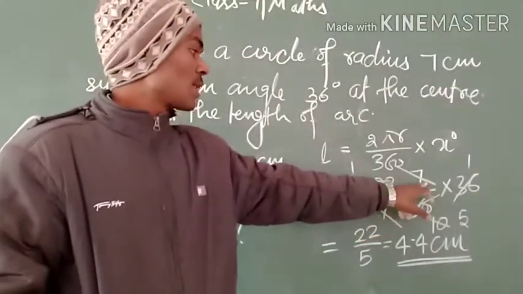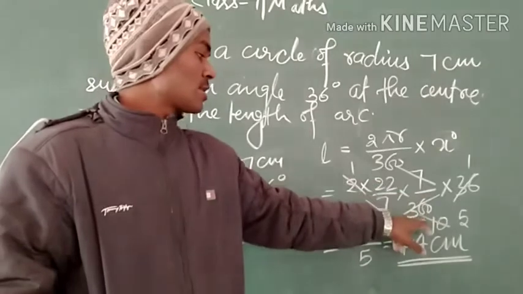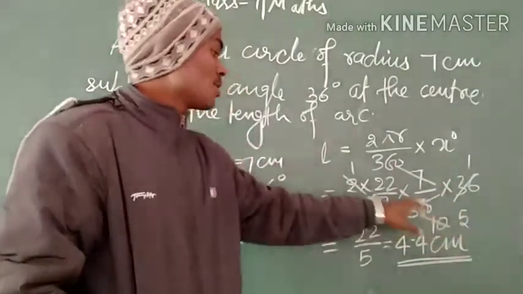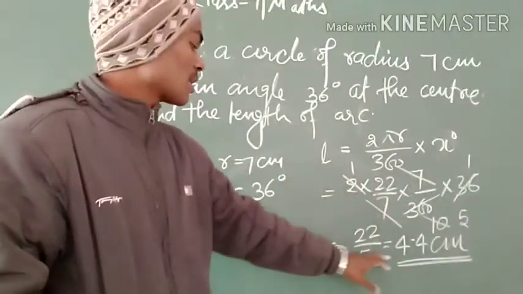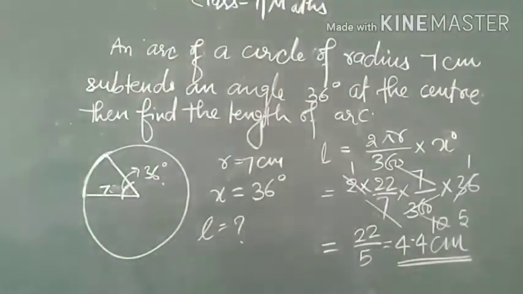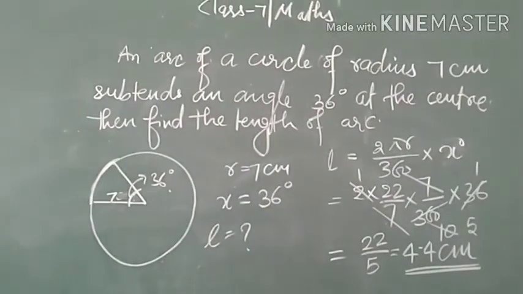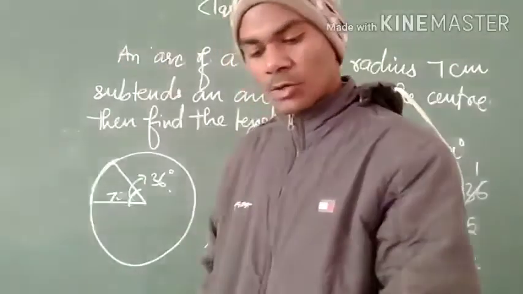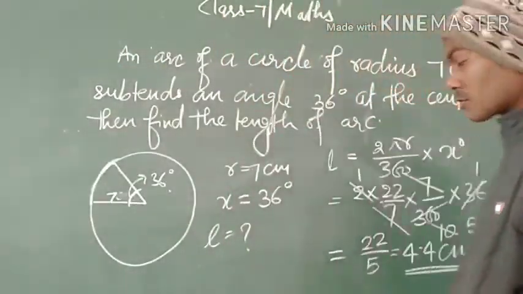So put 7 upon 360 multiplied by the value of x, which is 36. Now after solving we get the result as 4.4 centimeter, which is the required result. Now let us see the next question, which is also based on this concept.